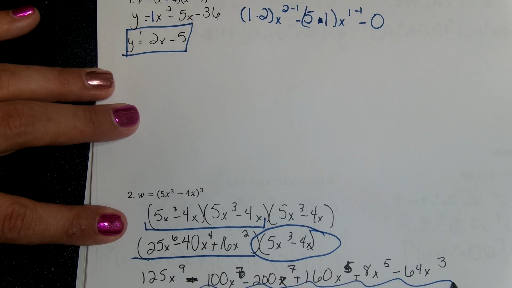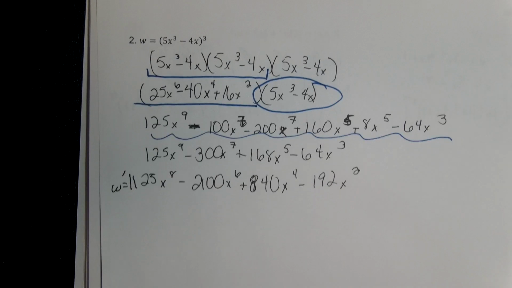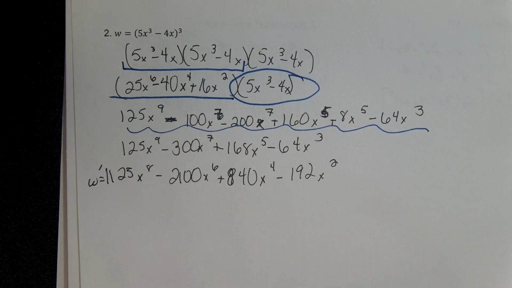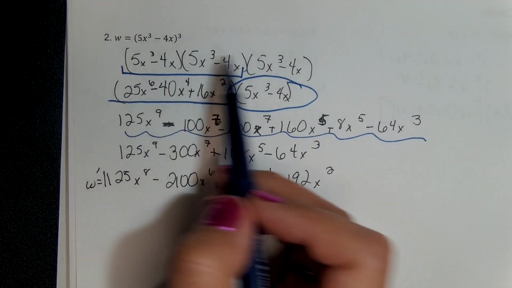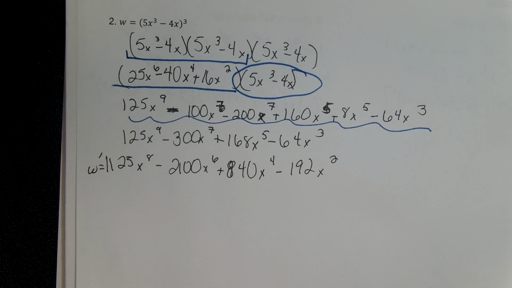This is a very long equation, a very long function. And it takes a long time for us to multiply it out. It takes us a long time to combine like terms because there are 3 different polynomials.